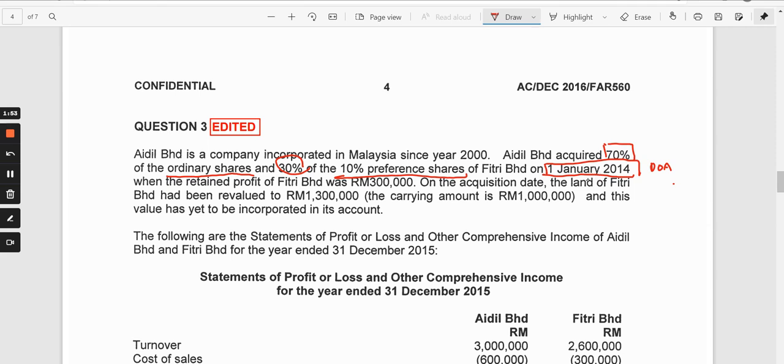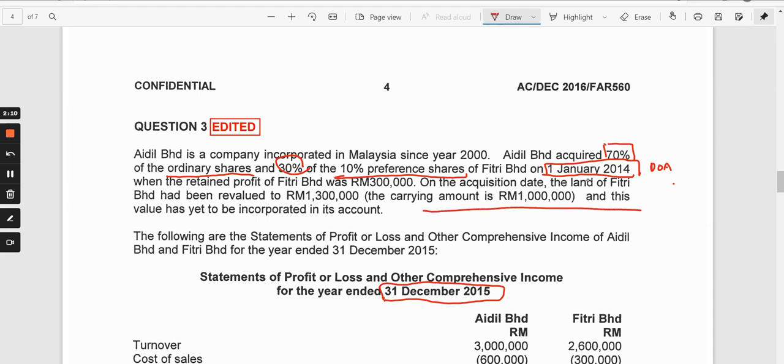Why? Because the reporting date of the company is 31st of December 2015, and the company acquired the subsidiary 2 years ago, on 1st of January 2014, which is in the prior period.